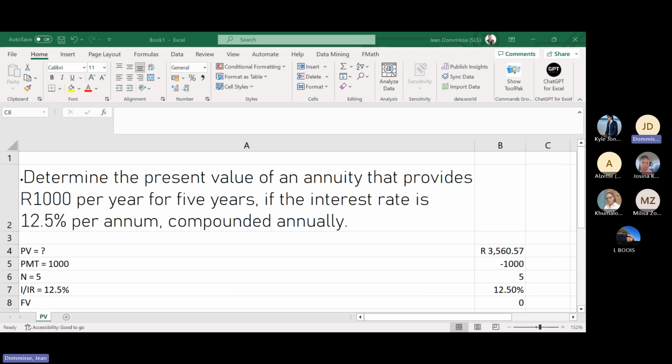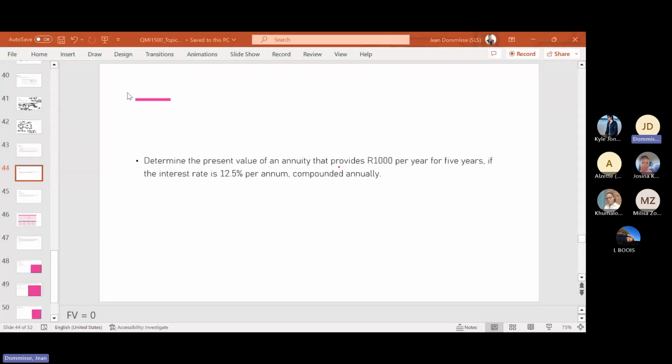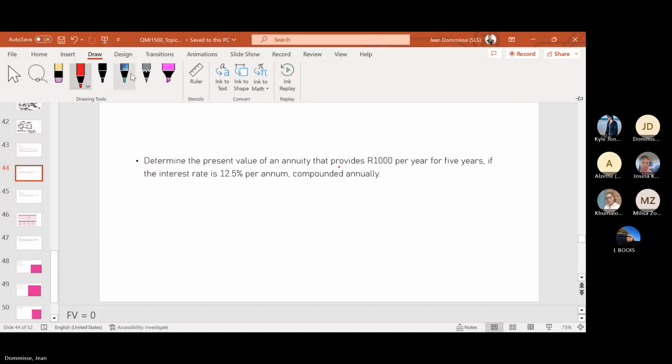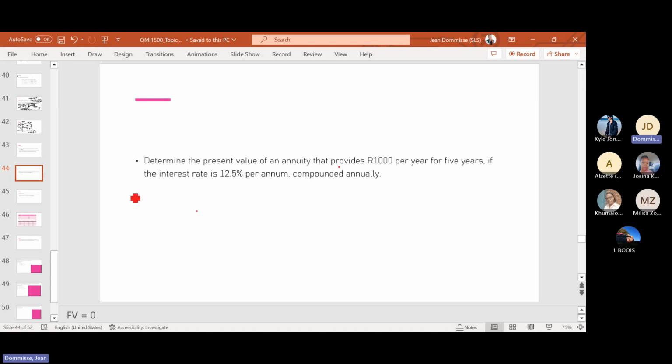And with a financial calculator, what you would have done is in a very similar format, and depending on which calculator, my HP I would have done by going into PMT would have been minus 1,000.